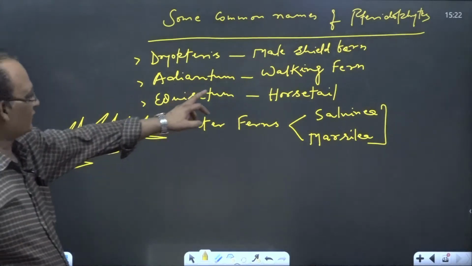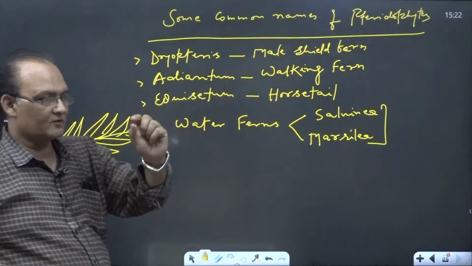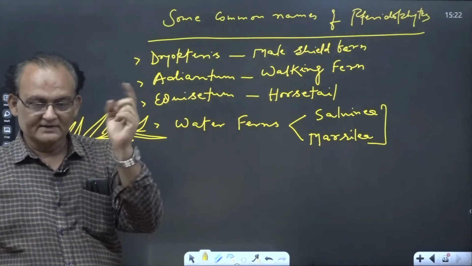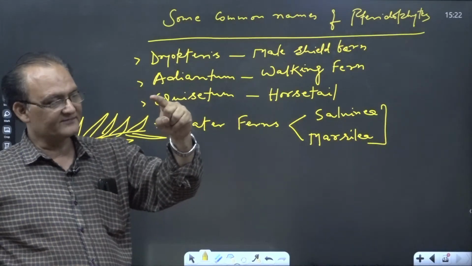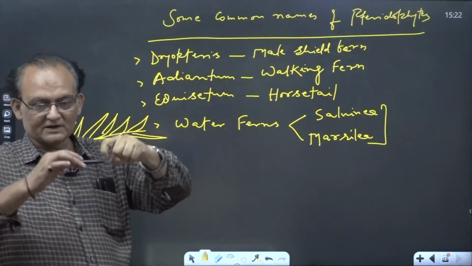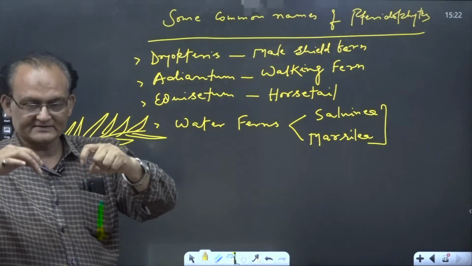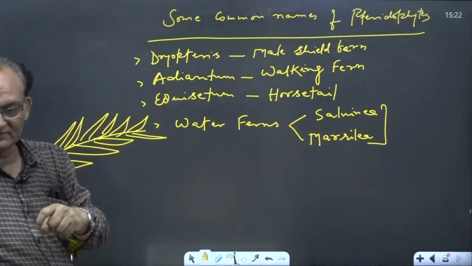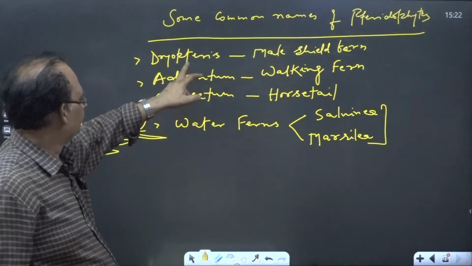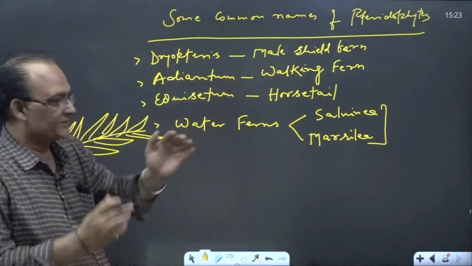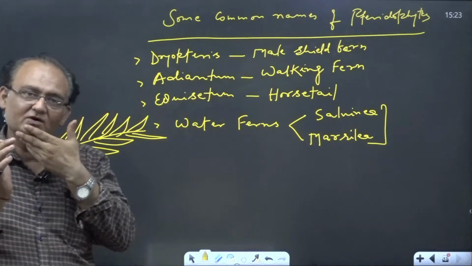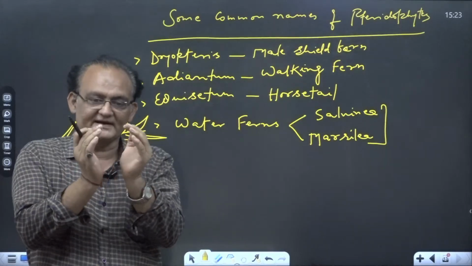So why is it called walking fern? Because the bud originates at the leaf tip. Suppose this is the leaf; when it touches the ground, the new plant will originate, and that's why it is called walking fern. This is Adiantum. Dryopteris is male shield fern because the sorus gives a shield-like appearance.